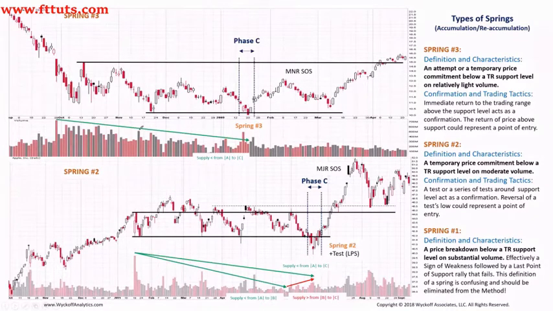Let's talk about sprints. Originally, Wyckoff did not have a definition of a sprint, if you can believe this. The definition of the sprint was added later on by Bob Evans, who was the apprentice of Wyckoff. When Wyckoff passed in 1934, Bob Evans inherited the Stock Market Institute, and he produced a number of great material points about the methodology.